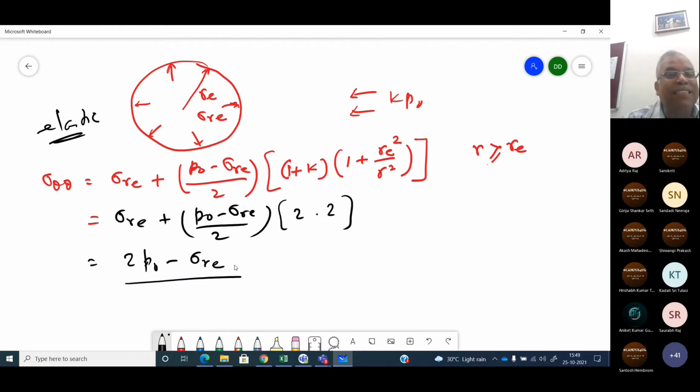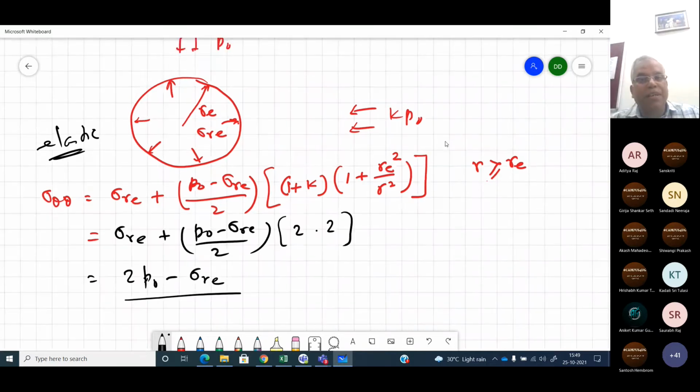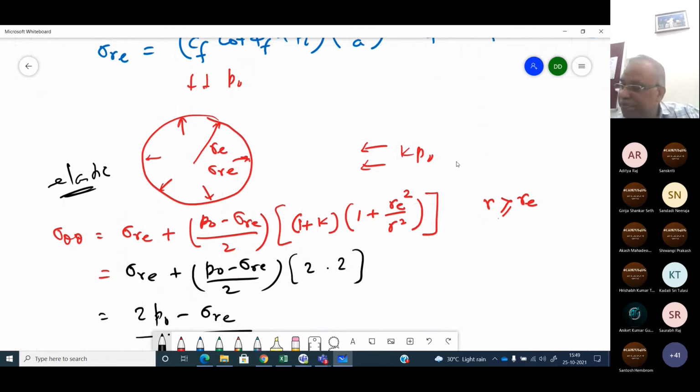Now I come from the plastic side. If I come from this side, what will be the value here?